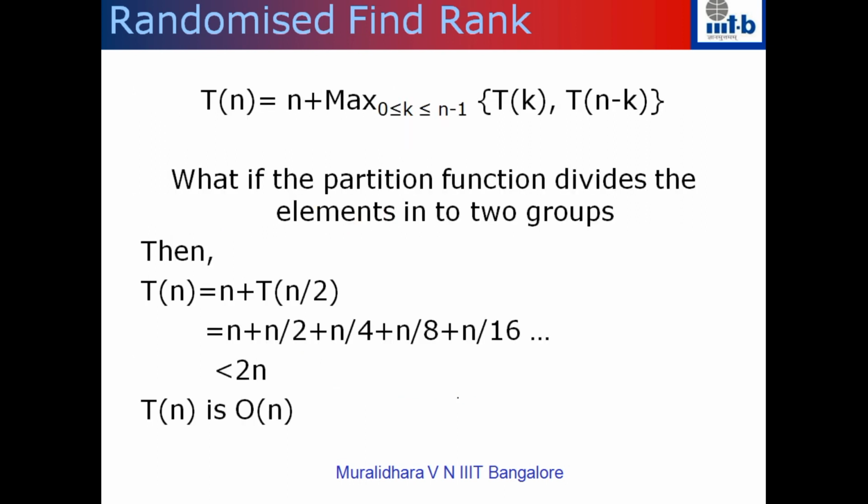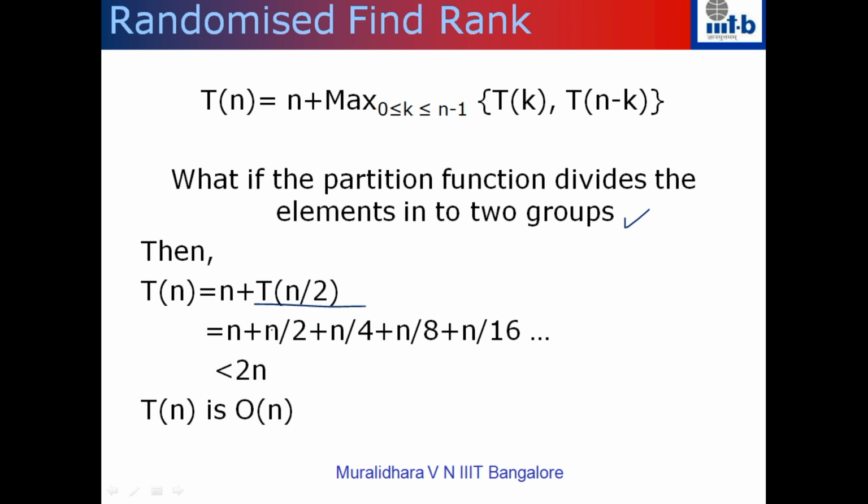So let's consider a case where the partition divides the set of elements into two equal groups. If I divide it into two equal groups, then either I go to the left or go to the right. In either case, I will be left with n by 2 elements. If the pivot is such a very good pivot that it partitions into two equal halves every time, then I get the equation T of n equals n plus T of n by 2.